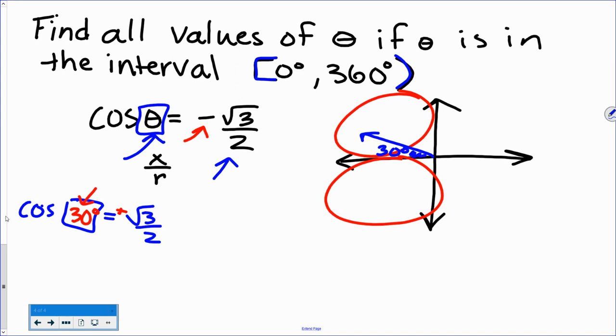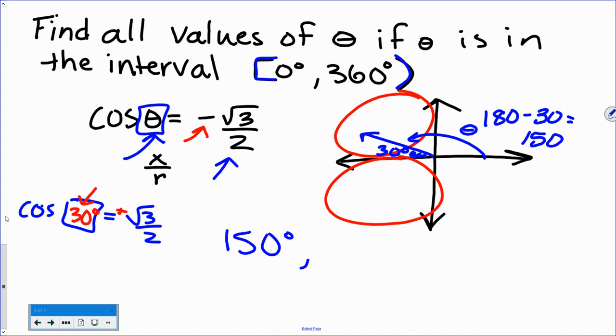But what I'm finding is theta. Theta prime is my 30 degrees. I need the theta that would make this true. So I'm going to take 180 minus 30 to get 150. So 150 degrees will be one of my answers.